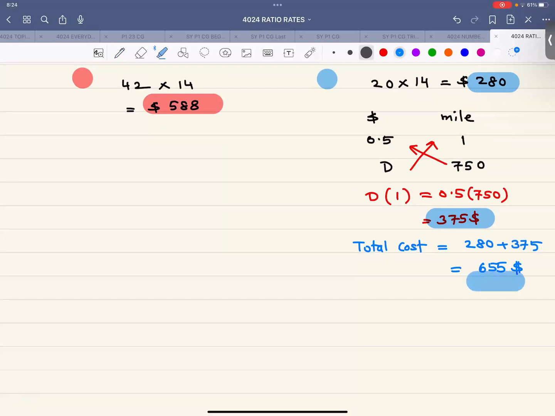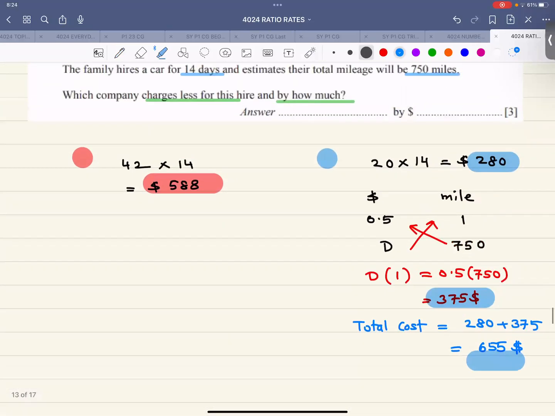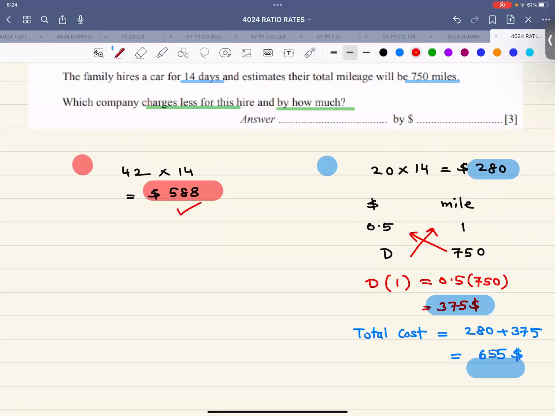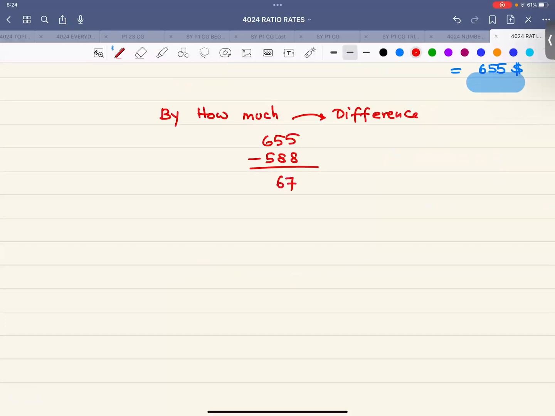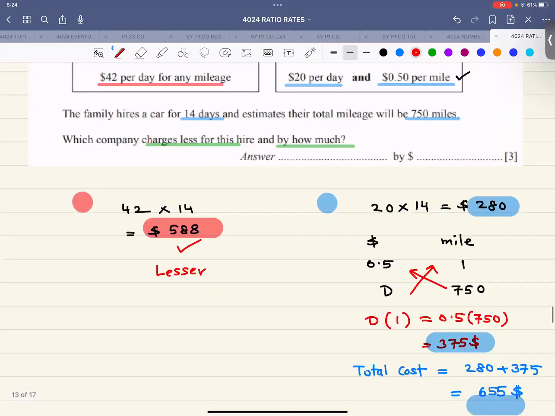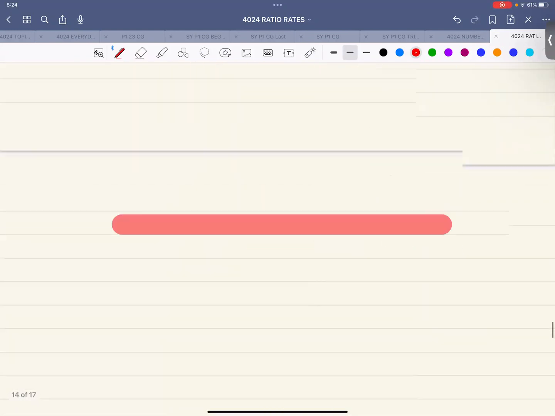Let me highlight this answer. Now, which one is lesser? This one is lesser. This is the better option. And by how much? When they are asking by how much, that means they are asking for the difference. So 655 minus 588. This comes out to be $67. Yes, it's a huge difference of $67. That's how this part is completed.